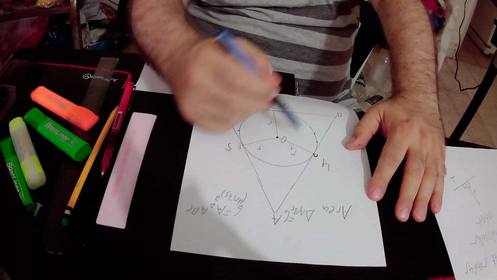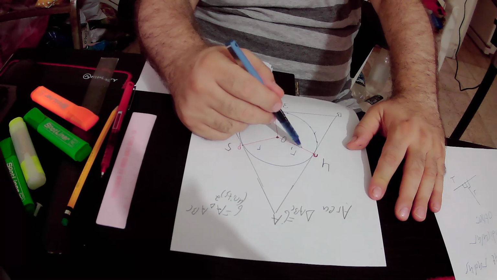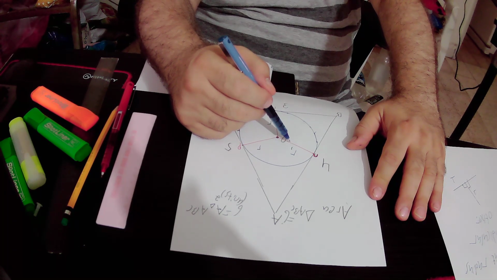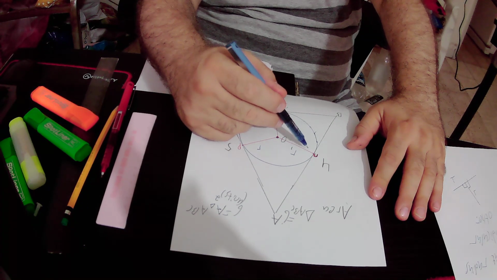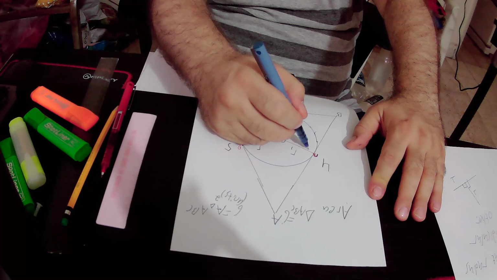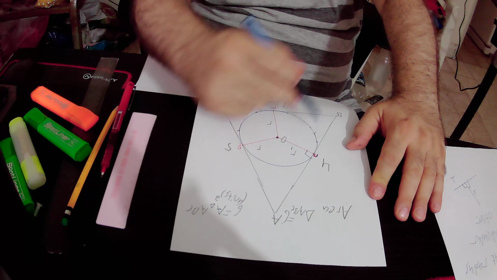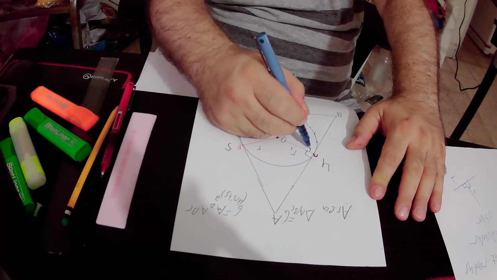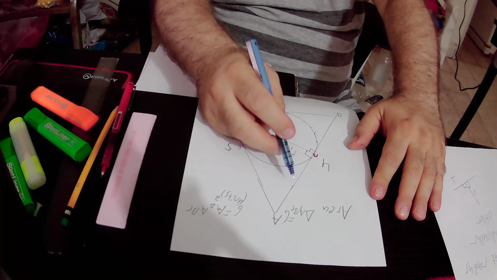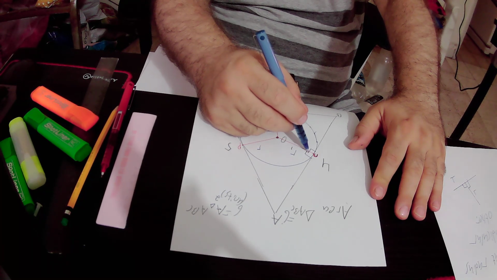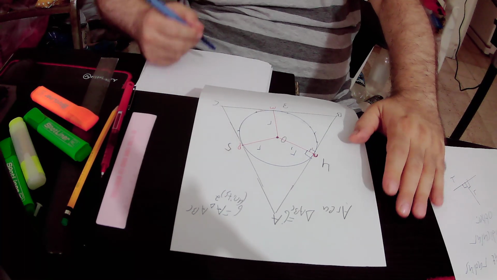We have a tangent. AB is tangent to the radius. For that reason, angle ONA equals 90 degrees, and also angle ONB equals 90 degrees, because the radius is perpendicular to its tangent. For that reason, this angle is 90 degrees, and also this angle is 90 degrees.